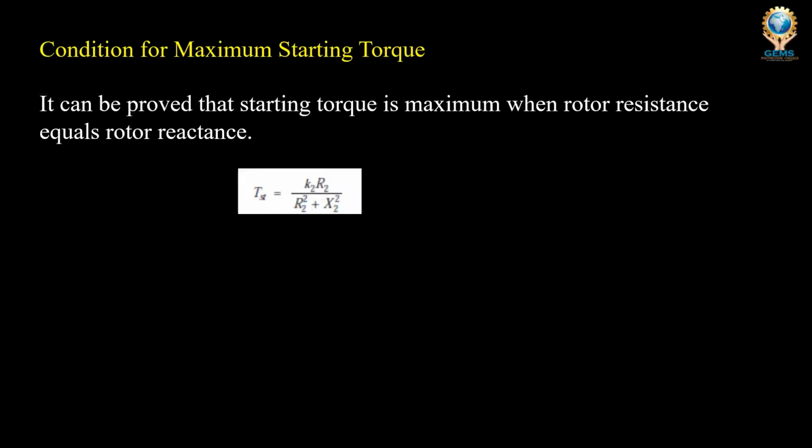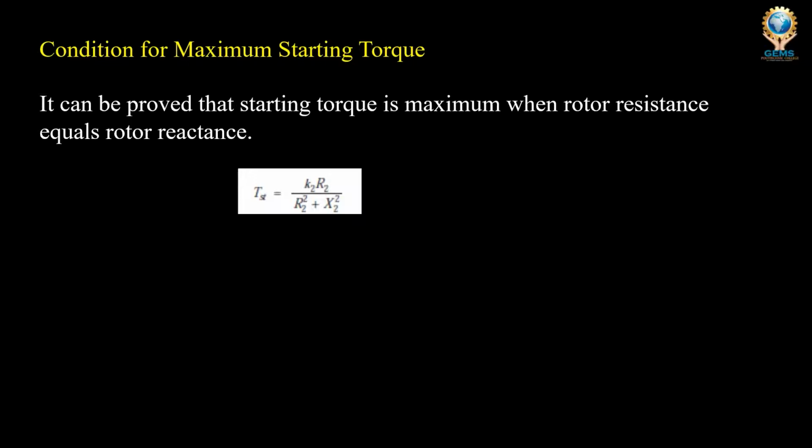So usually, to find the starting torque, we will differentiate with respect to the important factor and equate it to 0, and then we will find the maximum torque conditions. We can see the proof.